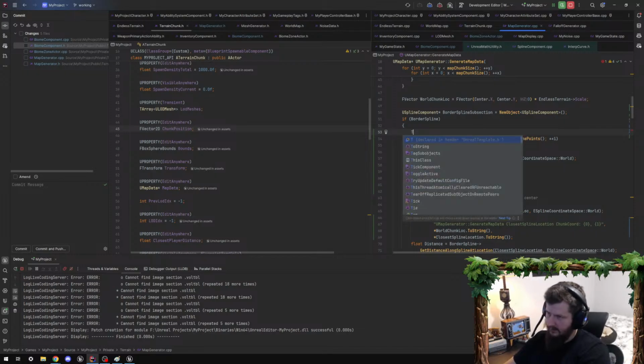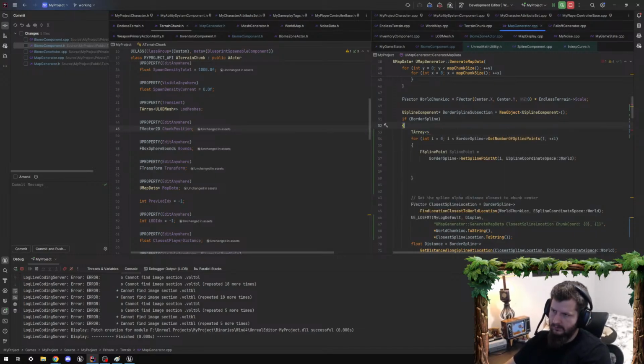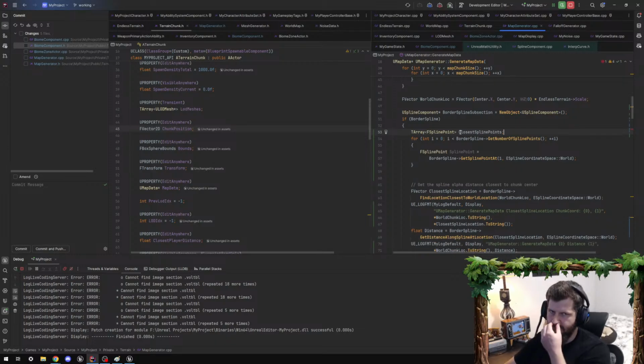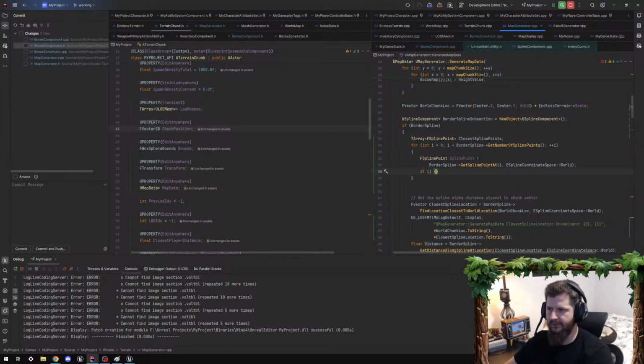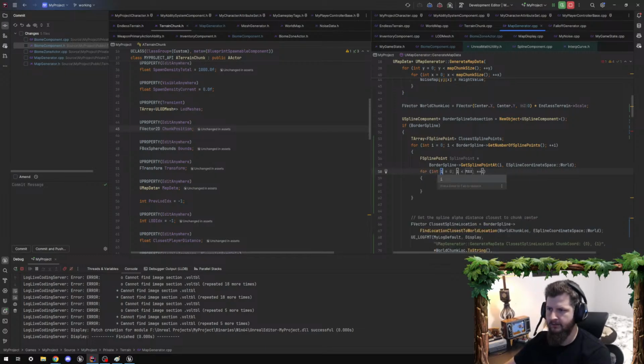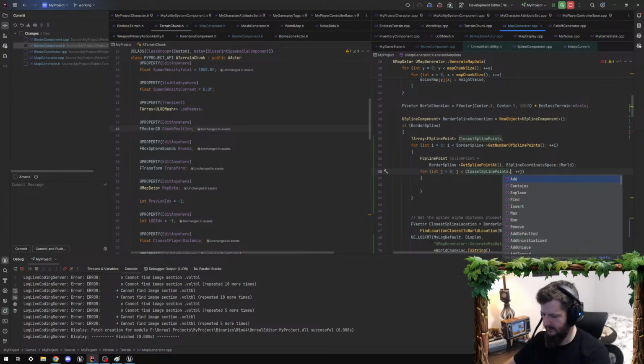Now that I have this spline point, I need another array of F spline points, closest spline points. And I suppose I only want 3 of these. I want the closest 3. So I'll need to do another for loop, instead we're going to call it J, of course, over closest spline points num.